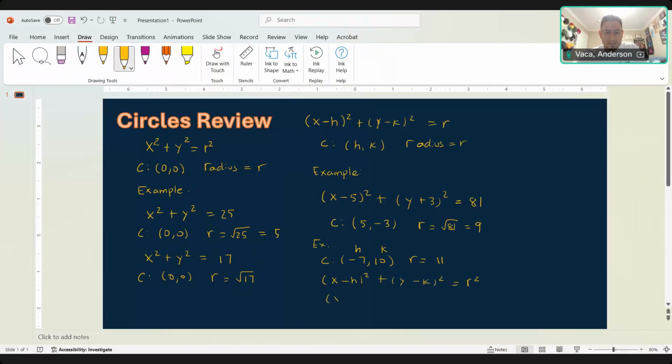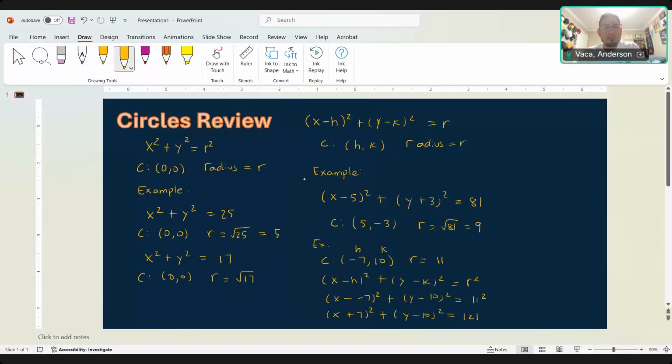So we have x minus, that's from the formula, then h is negative 7 quantity squared, y minus, again from the formula, 10 quantity squared, 11 squared. Cleaning this up a little bit, we get x plus 7 quantity squared plus y minus 10 quantity squared. And if my math serves me right, this is 121.